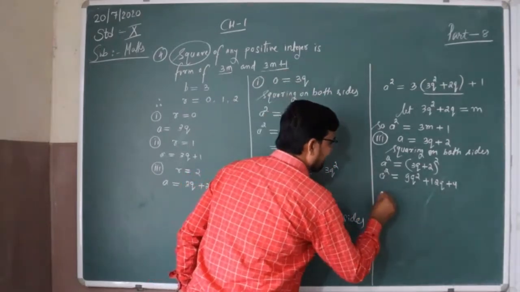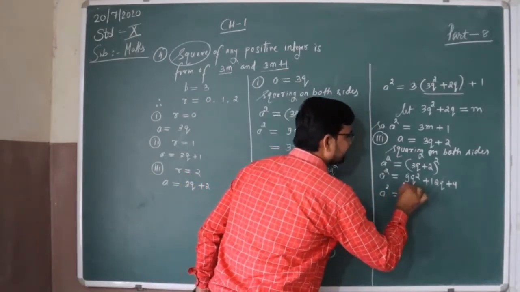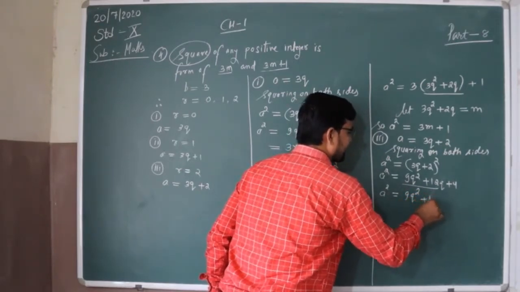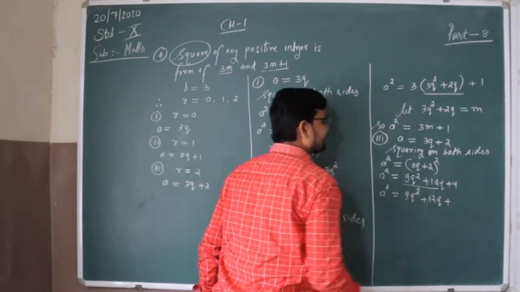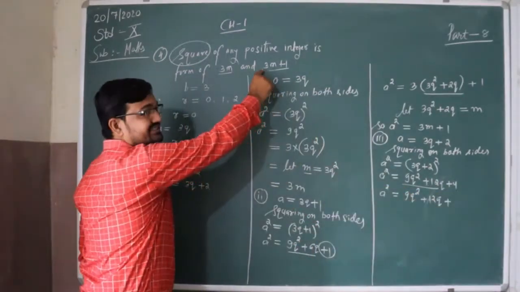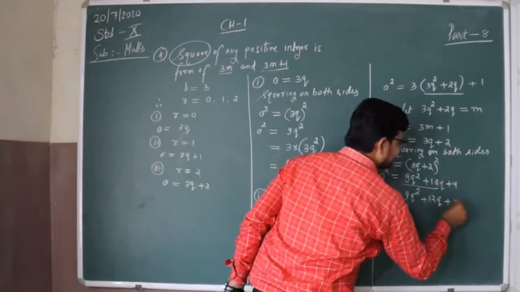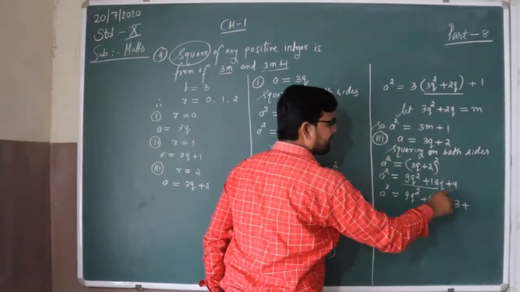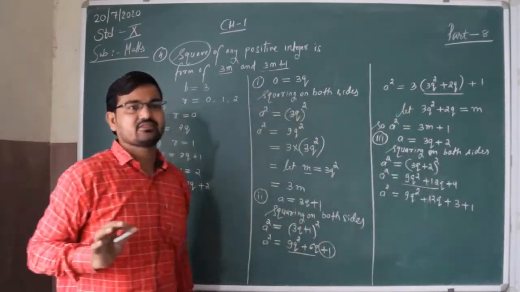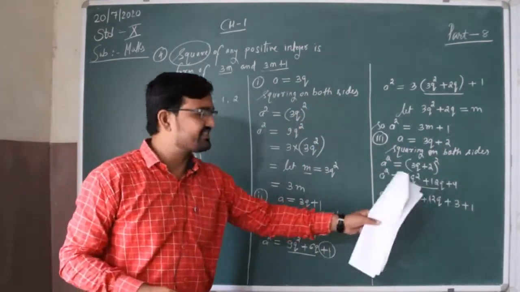So a square equal to 9q square plus 12q, this will remain unaltered, and in place of 4 we write 3 and whatever is remaining: 3 is there, so we write plus 1. So split 4 in such a way that you get 3.